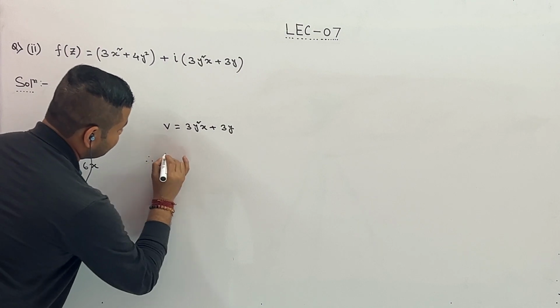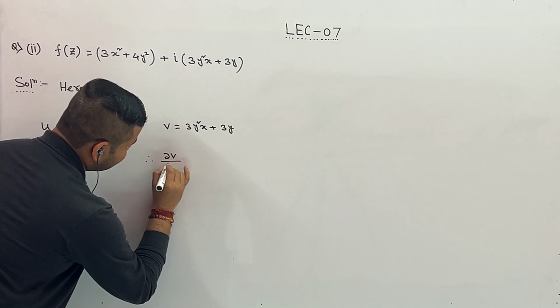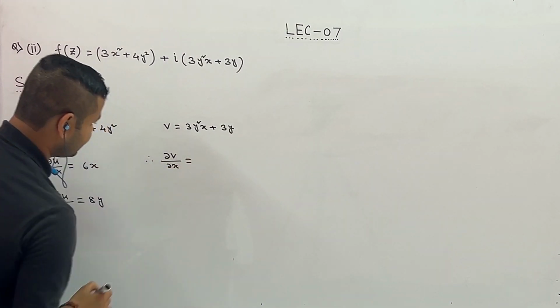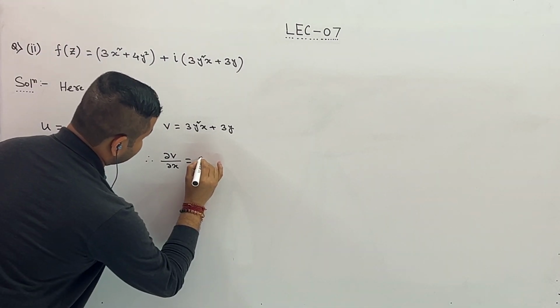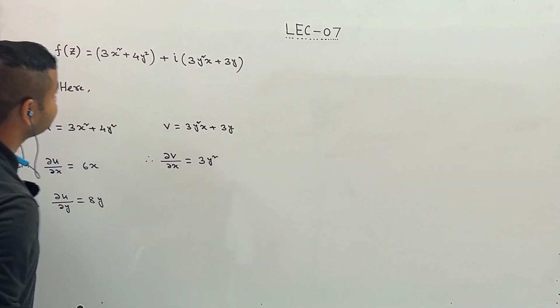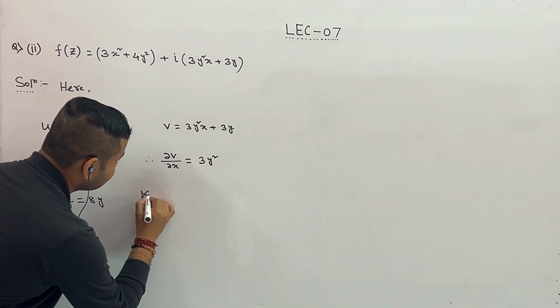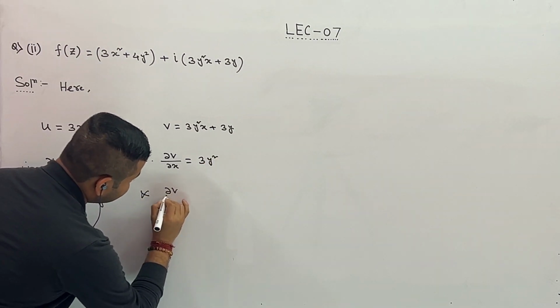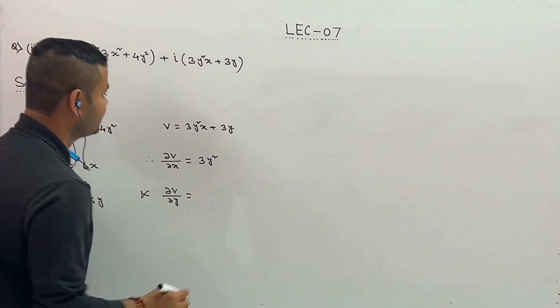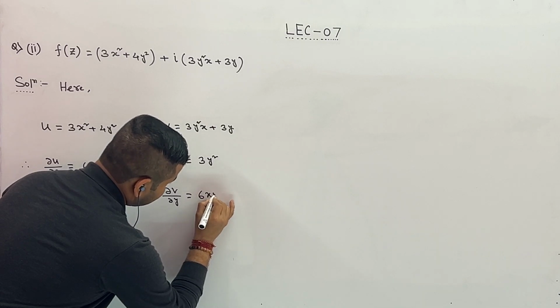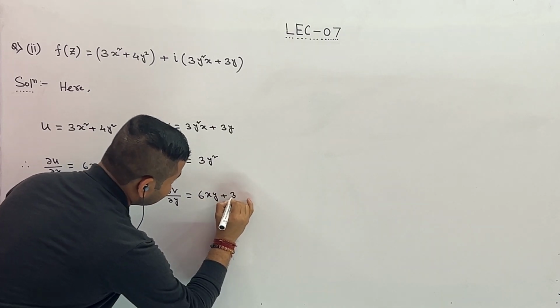Now let us calculate del v by del x and del v by del y. So here del v by del x is equal to 3y square and del v by del y is equal to 6xy plus 3.